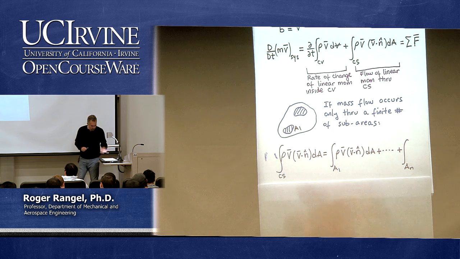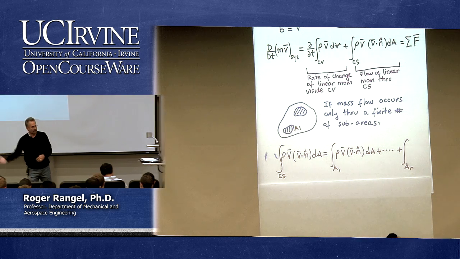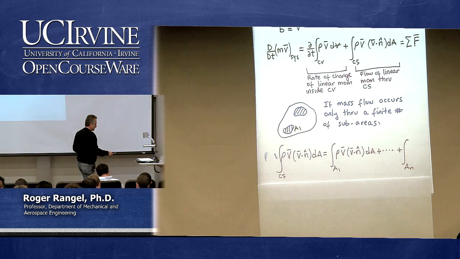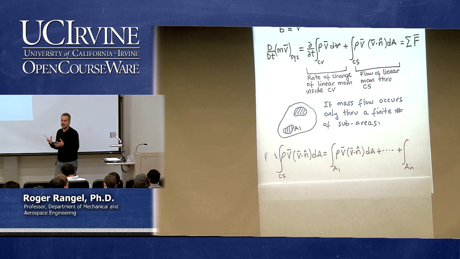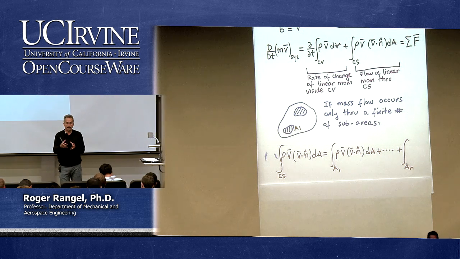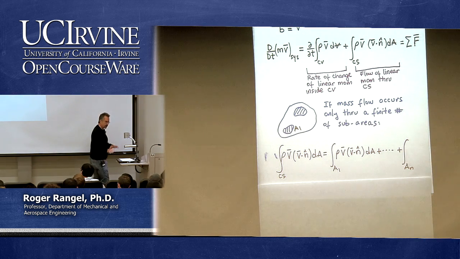I have the integral over A1, plus the same integral over A2, plus the same integral over A3, until I get to the last piece through which there is flow. Again, many of the devices that we look at have one inlet and one outlet, so there would only be two such areas. Therefore, you would break it into two integrals.